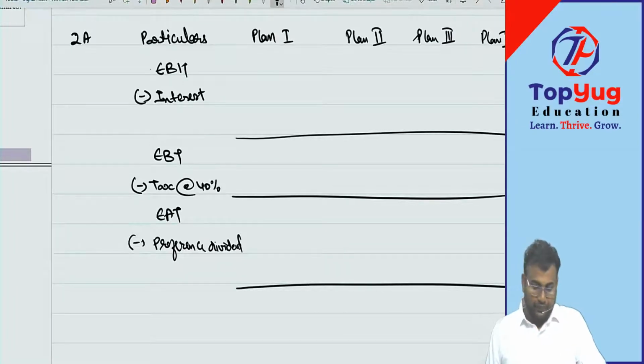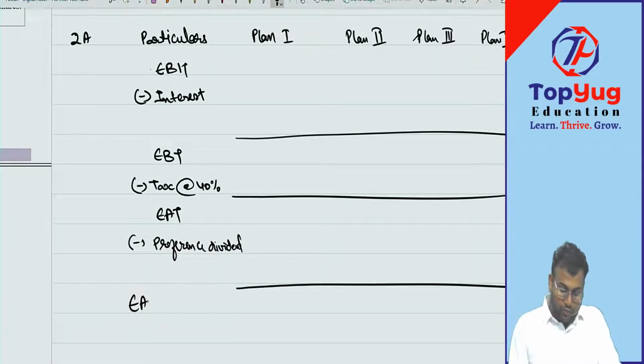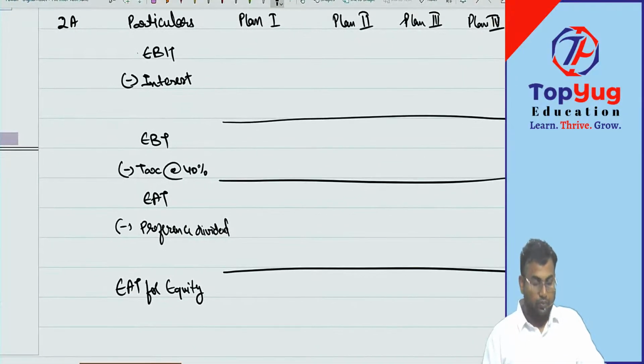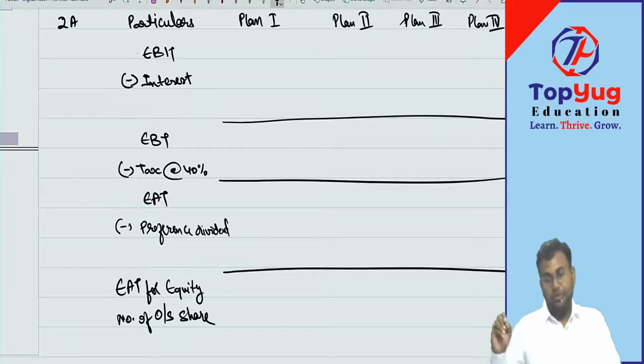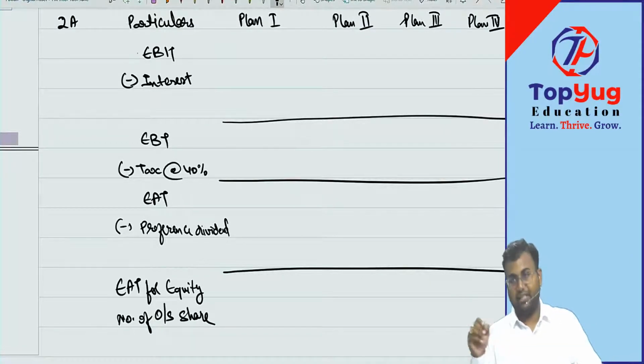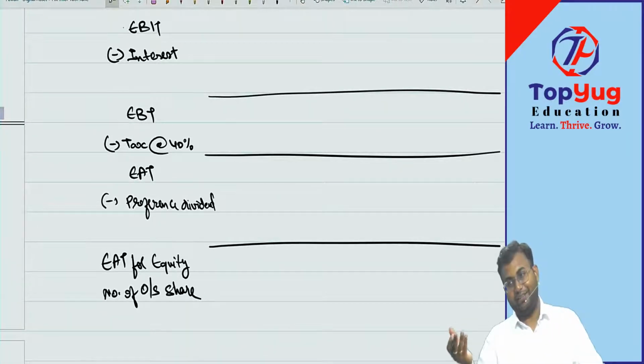Got it? Yes. What I will find out now, is it sufficient? No. Then again I need number of shares. OS stands for outstanding. Okay. You are not an outstanding student, but the shares are surely outstanding.